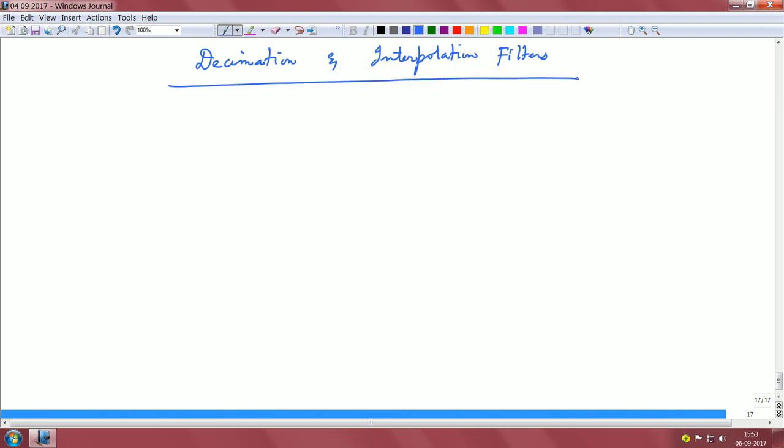So, there is a little bit of nomenclature sort of thing here. I mean, people say downsampling and then they may say interpolation. So, this interpolation is to be sort of made a distinction from upsampling, because interpolation is when you have a filter which basically fits in the values after upsampling, because upsampling will introduce zeros and this interpolation filter will basically fit the values for those zeros, right.